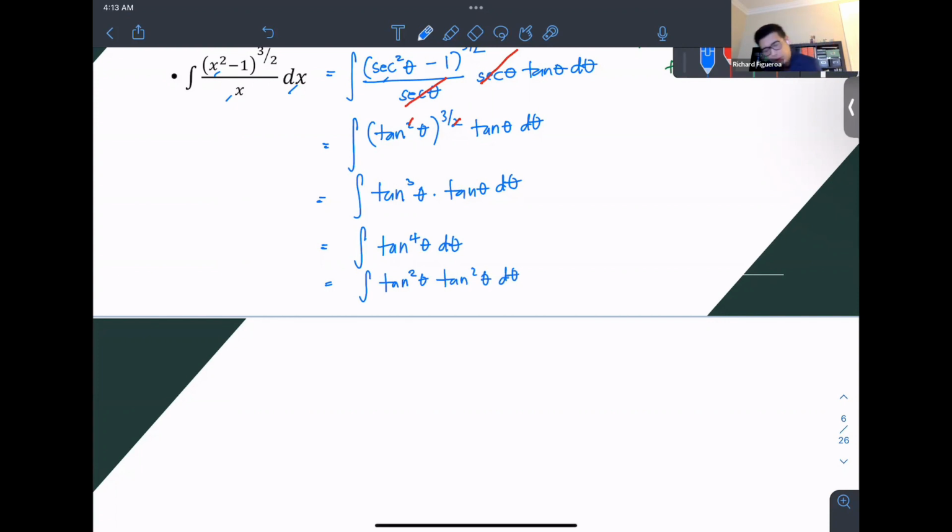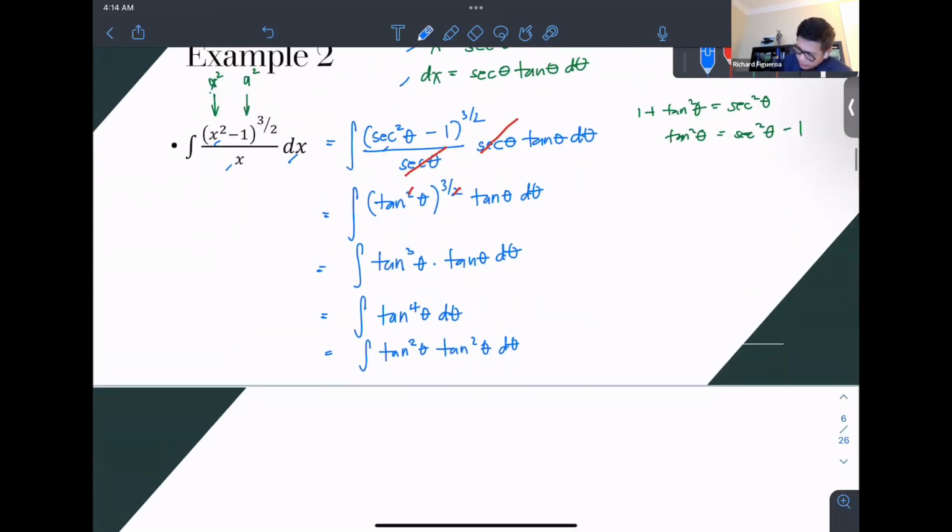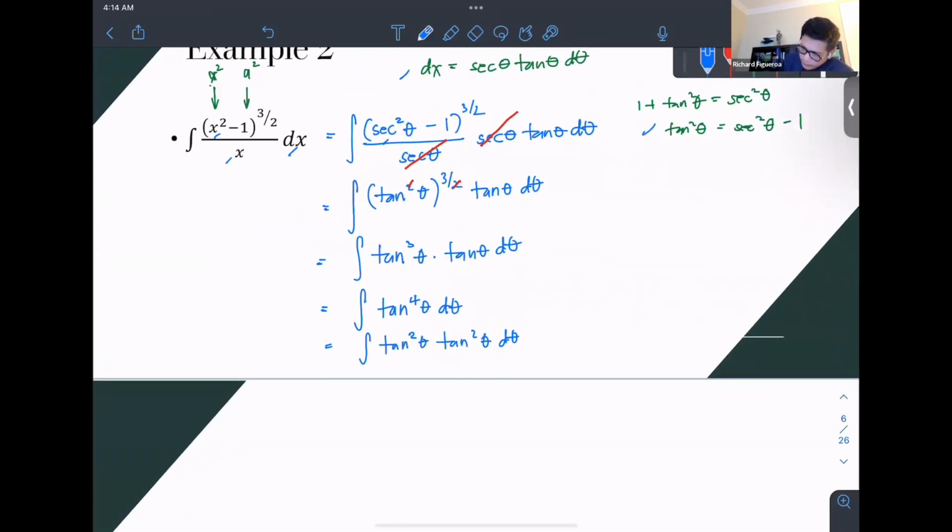Then we use the identity for tangent squared, so that is secant squared theta minus 1 d theta.